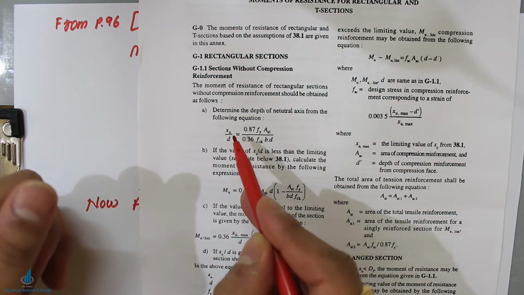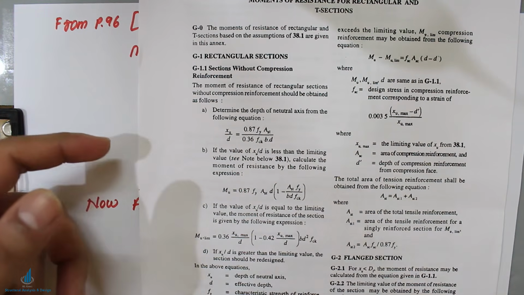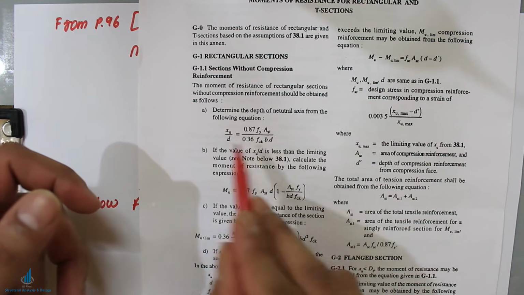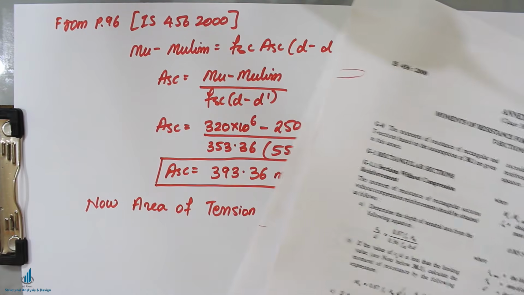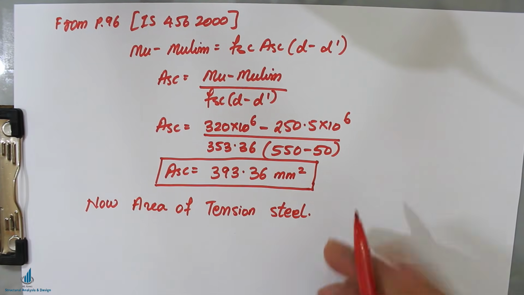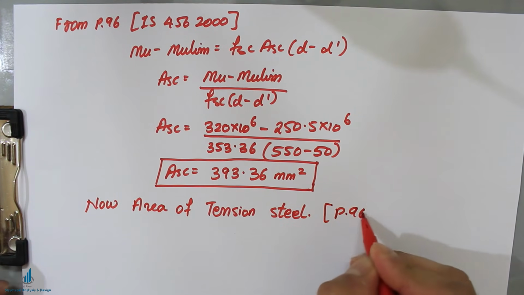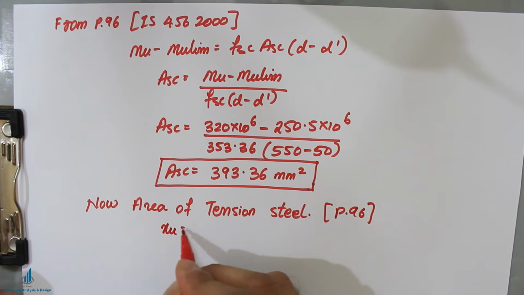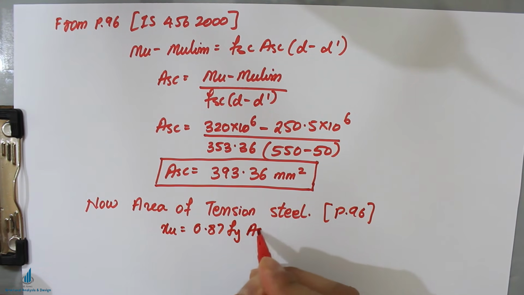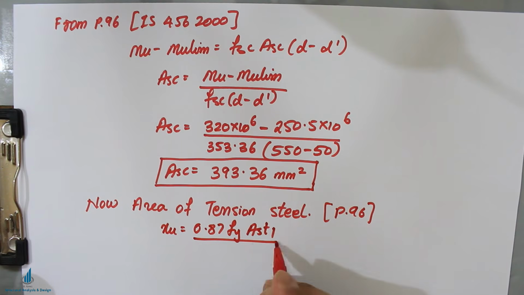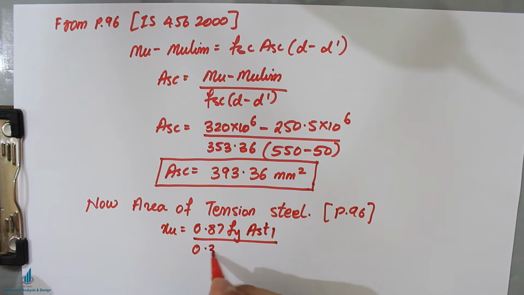Xu also you have calculated, that is 264 mm in this problem. So from this formula you have to calculate Ast1. Page number 96 again, Xu equals 0.87 fy Ast1 divided by 0.36 fck b.